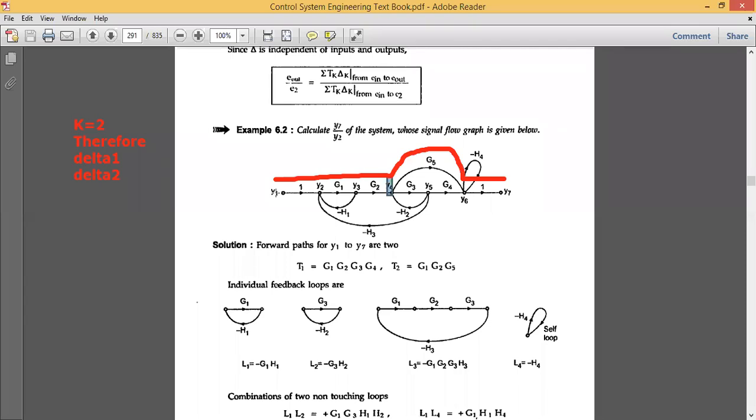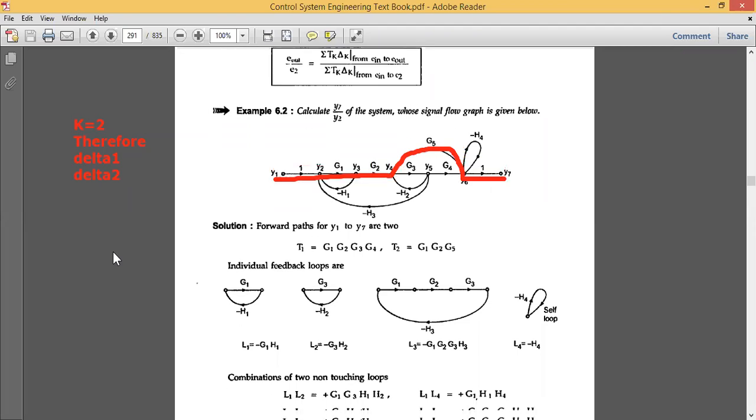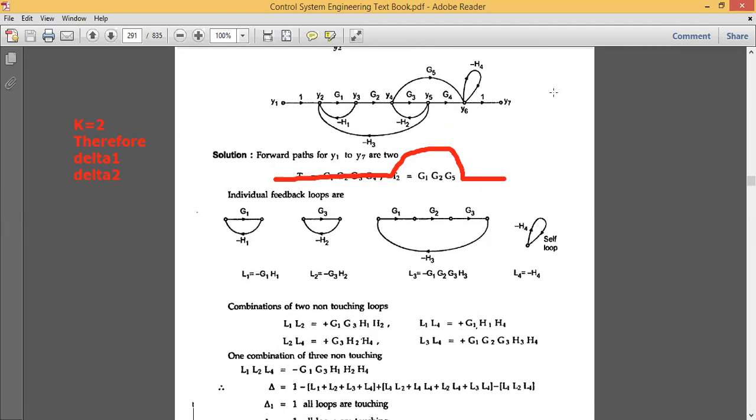So if all the loops in the signal flow graph are touching the forward path, then that forward path's delta value is taken as equal to 1.